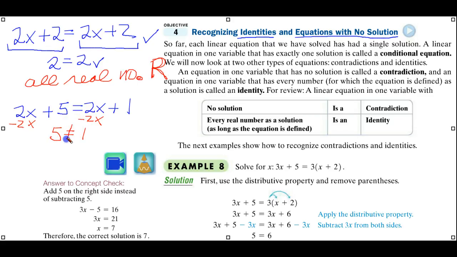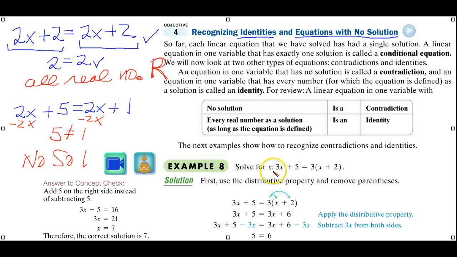No. So when this results from something that looks like an equation, this is what is called a contradiction. And there is no solution for a contradiction. No matter what you put there and there for the x, will never make that true, because 5 does not equal 1, or whatever occurs.